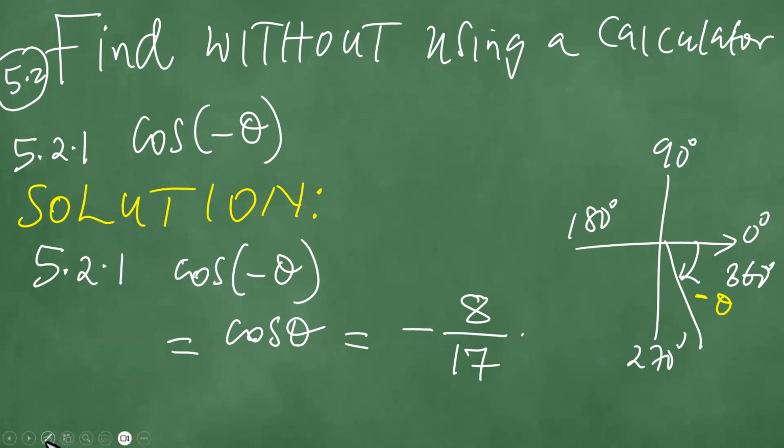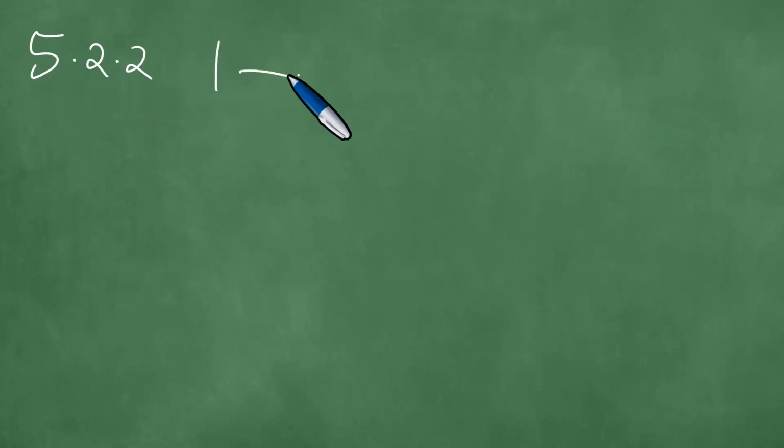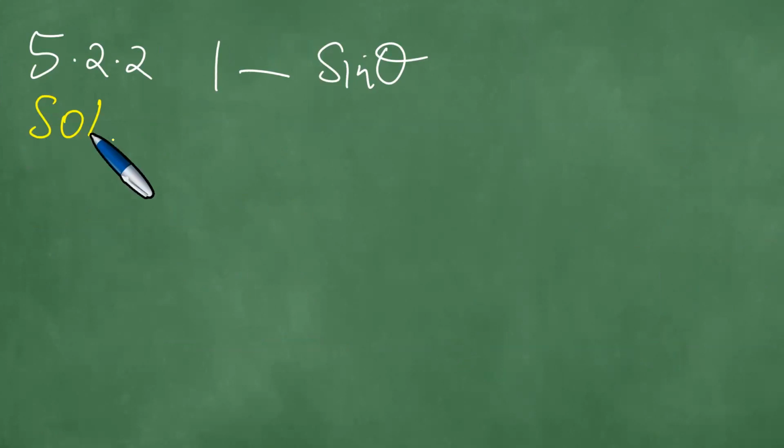This was 5.2.1, and the next one is 5.2.2, and you have 1 minus the sine of theta. Let's look at the solution to this.